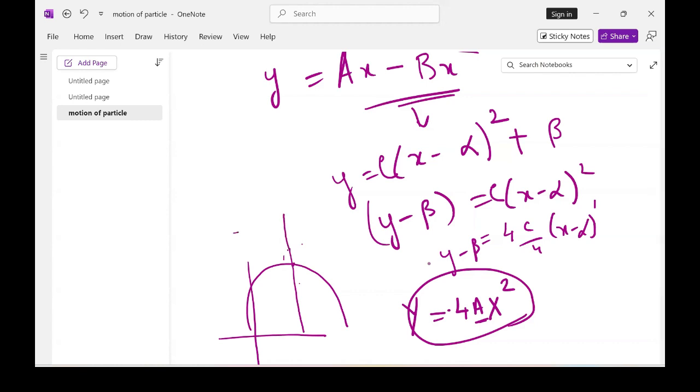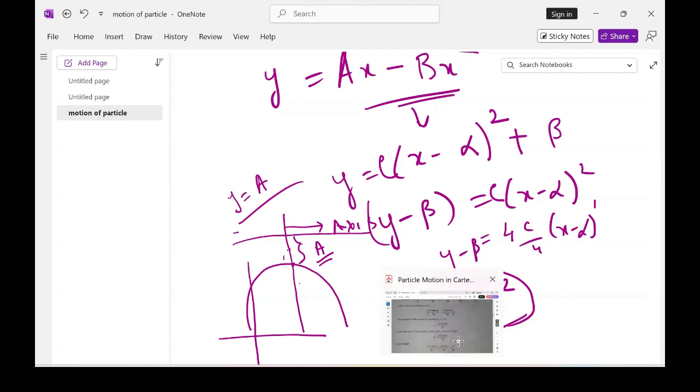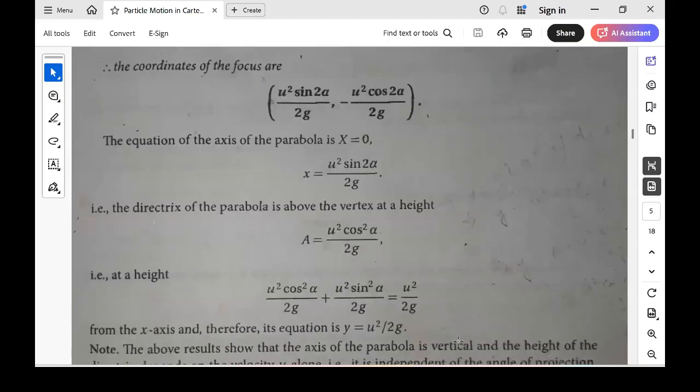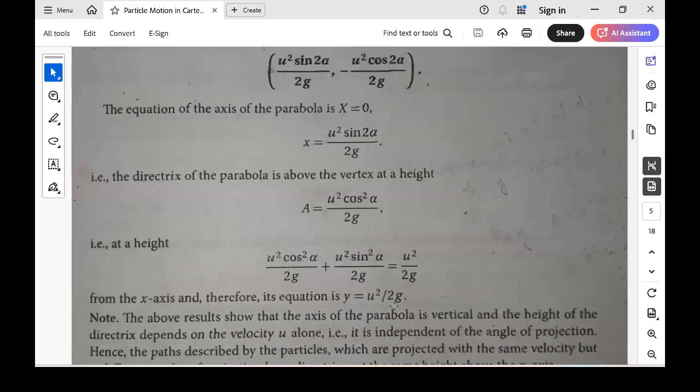It is perpendicular to the axis, right? This is my axis, and the directrix is somewhere like this. So what is the distance from the vertex? It is A. Okay. So it is parallel to the x-axis. That means you are getting here y equals to some fixed value, y equals to A. Like that.